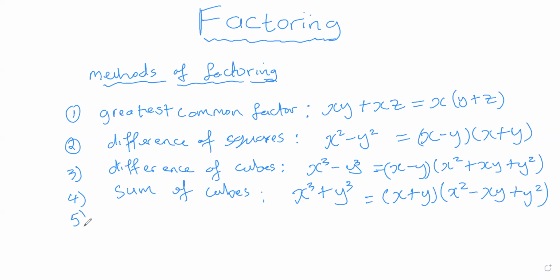And then the last but not the least is the trial and error method. The trial and error method is mostly used to factorize quadratic expressions, or expressions that take the form of a quadratic.